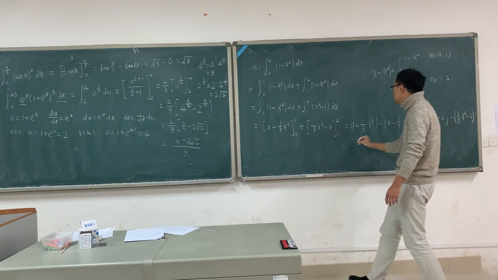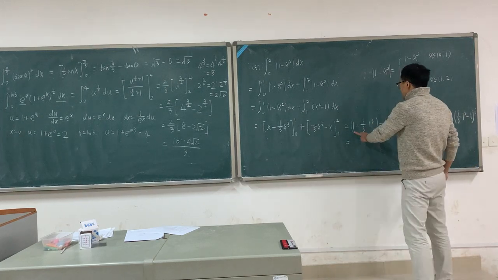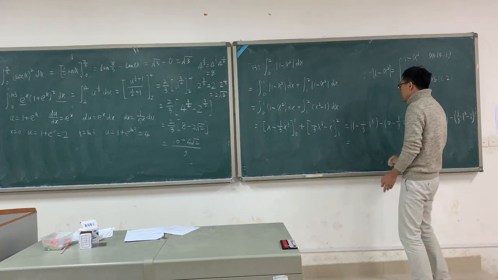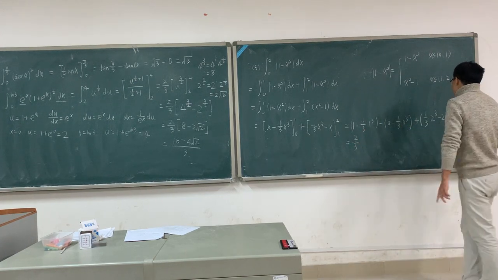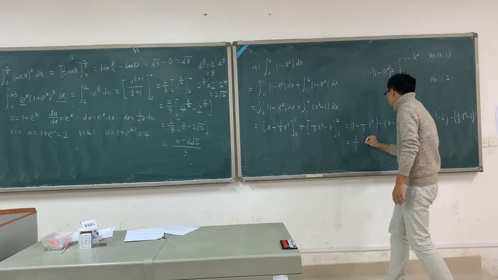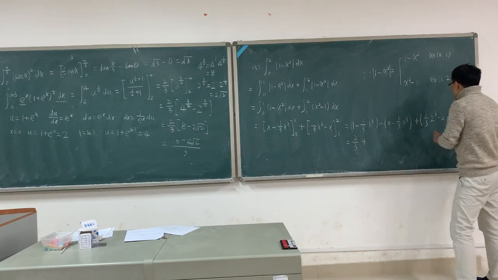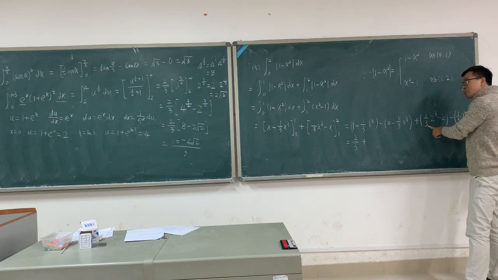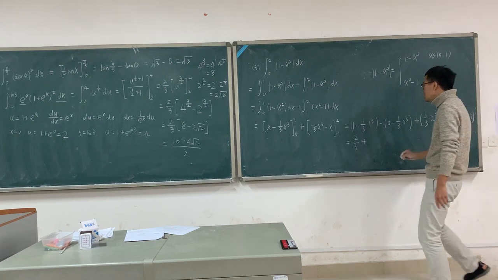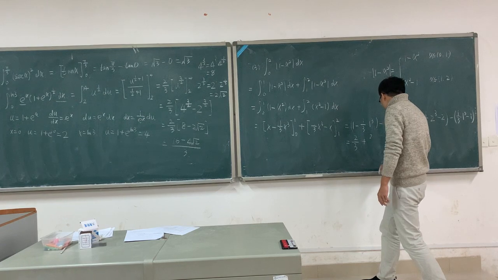So now we can see 1 minus 1 by 3 is 2 by 3, this is 0, and then plus 8 by 3 minus 2, which is 2 by 3.